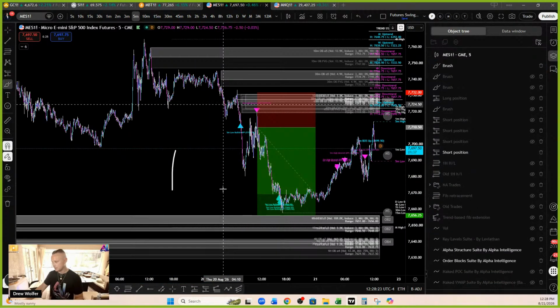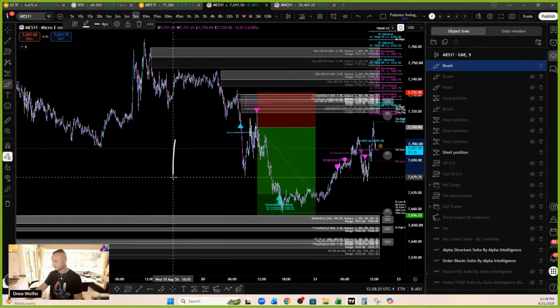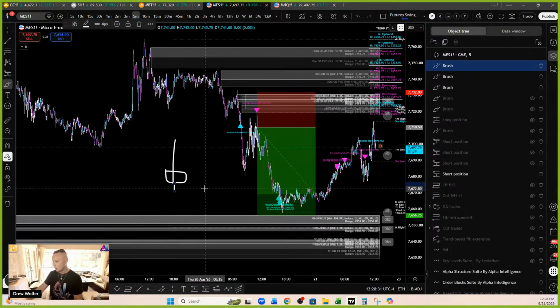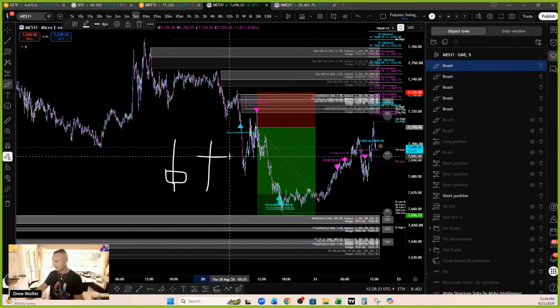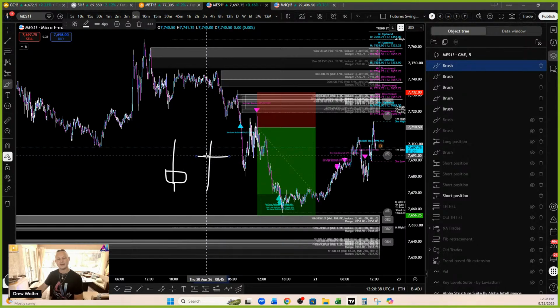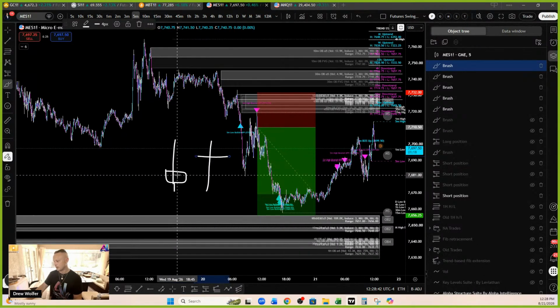But one thing I want to show you is this. There are other dojis that are going to look more like this, like Thor's hammer sitting down, or what is called the dragonfly doji, which is kind of a bullish pattern, and this one's more of a bearish one.